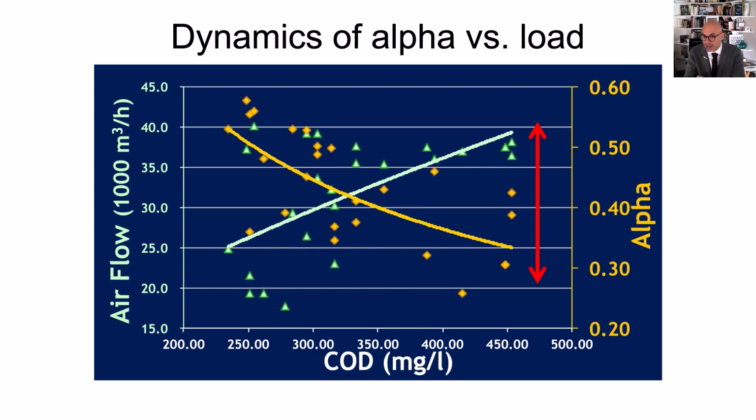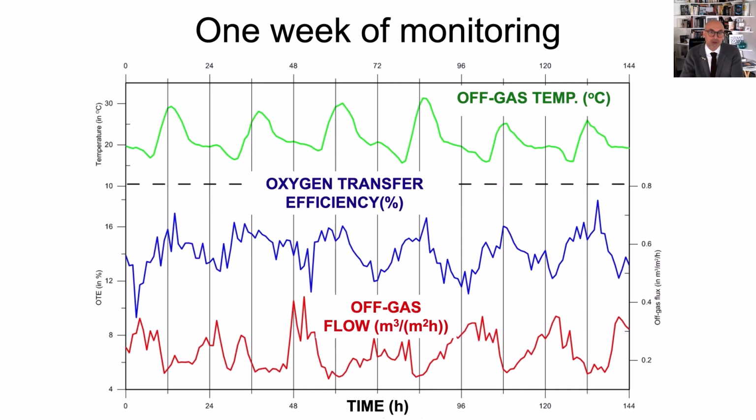The COD there changes only because during the day we're on the far right and during the night we're on the far left, and it keeps swinging back and forth because you have your diurnal cycle. So you should expect that as your flow goes up and your load goes up, the alpha should be the reciprocal, like a sinusoid reciprocal to the load curve.